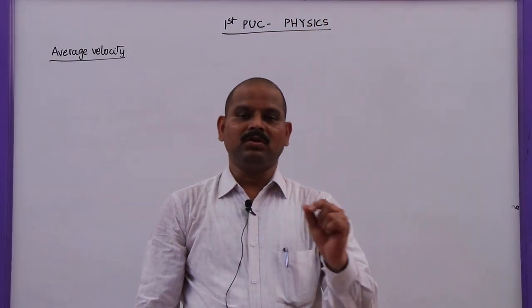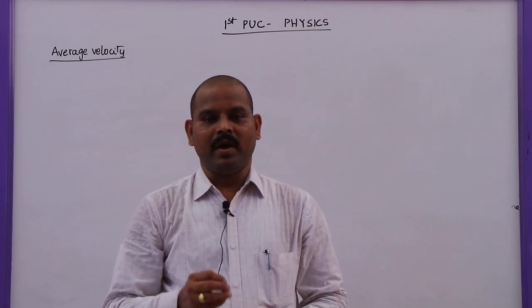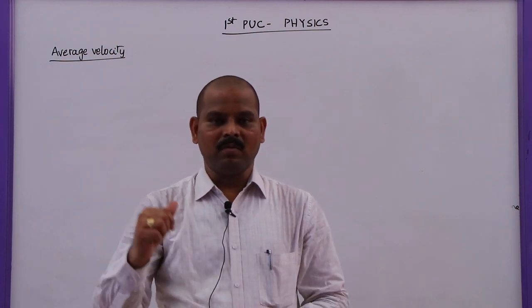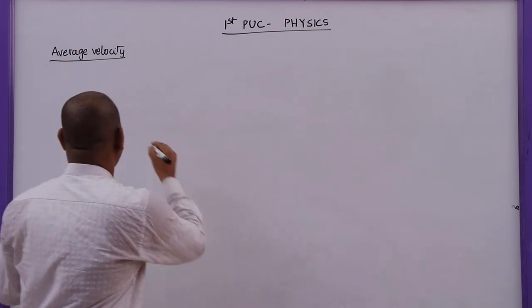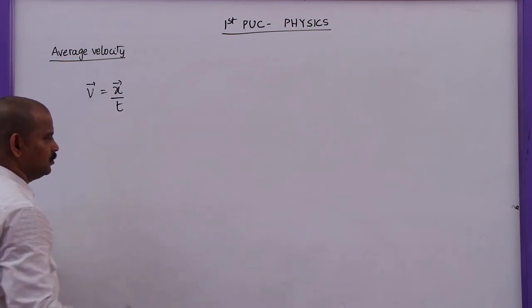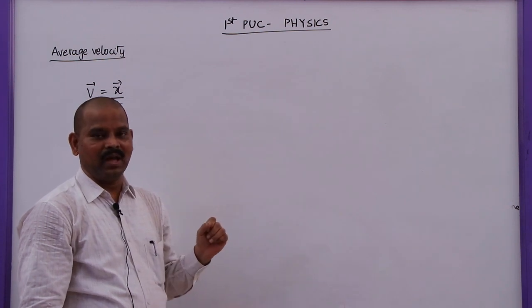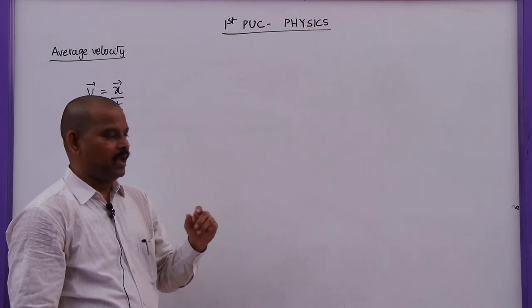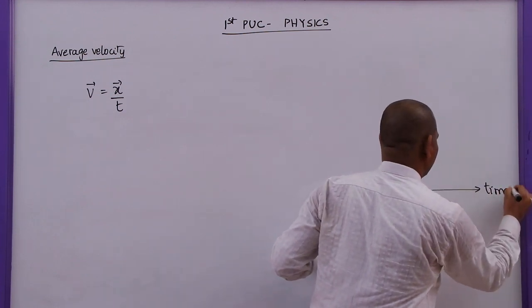Next, when a body is in motion, sometimes we need to find out its velocity. To find out velocity, we have a formula. Velocity is equal to displacement by time, that is v bar is equal to x bar by t. Right. But just now we found one more method of finding velocity by position time graph. The slope of a position time graph always gives the velocity. So here let me take one position time graph.